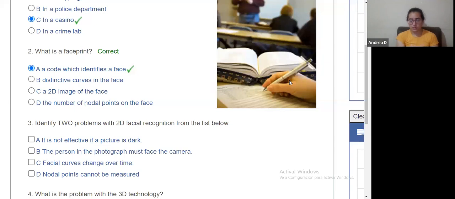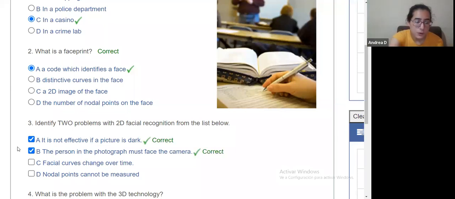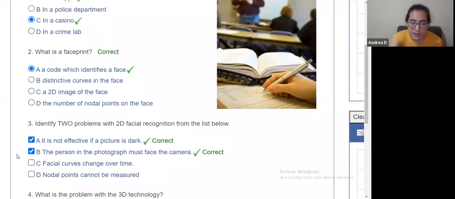What's the other problem? Probably letter A because the professor mentions that about the lighting. Okay, let's see. That's perfect. It's not effective. Picture is dark lighting, and the person must face the camera.